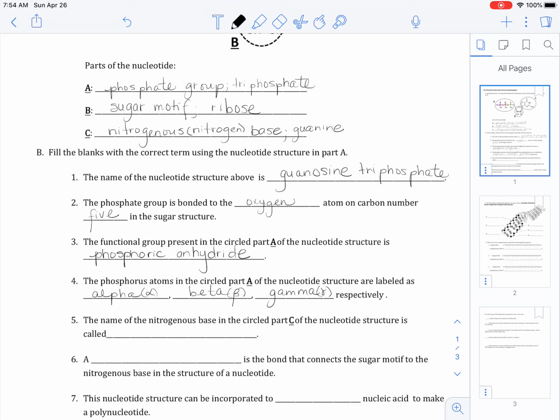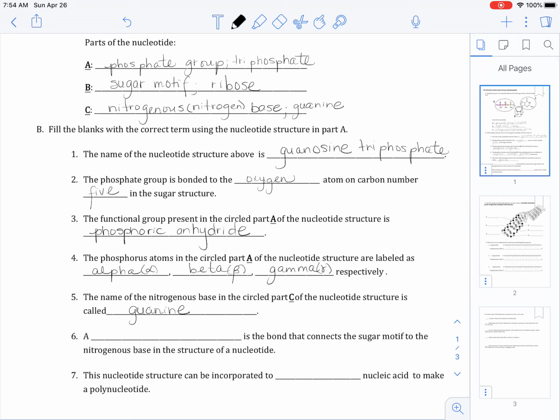Number 5 is the name of the nitrogenous base, which I already wrote the answer above. So this is guanine. Understand that the nucleoside or nucleotide name is different from the name of just the nitrogenous base.